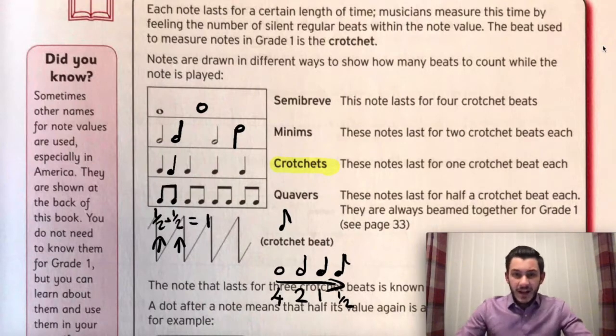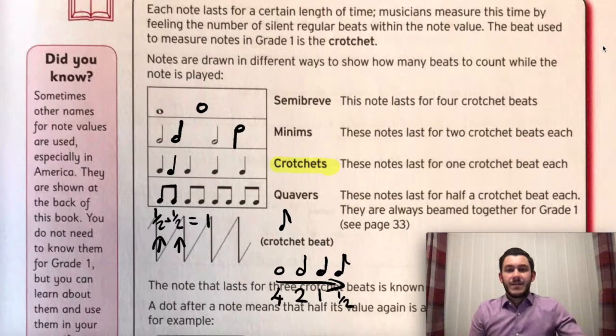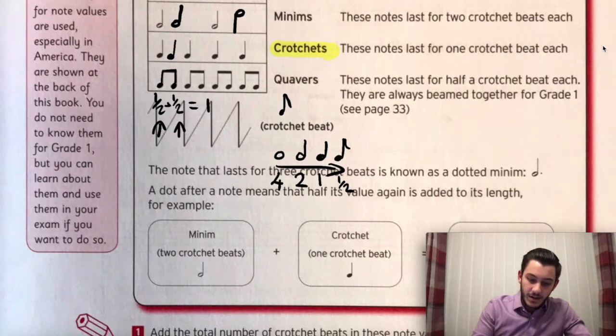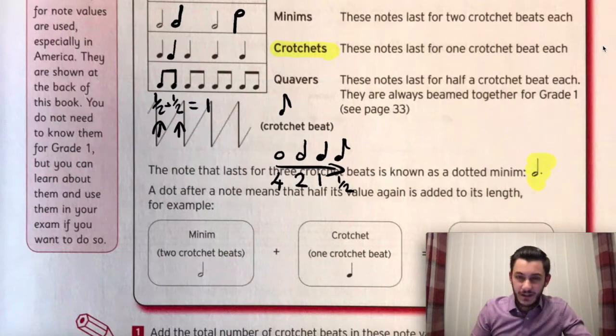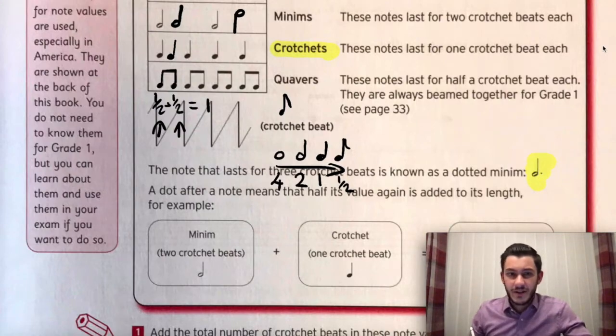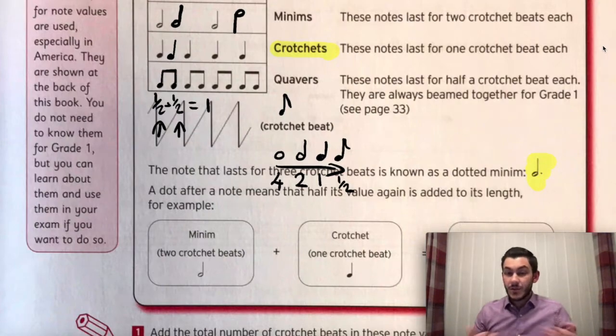Okay. Now we have one other way that we need to talk about our notes for the time being, which is what happens when we add a dot to it here. Okay, so we have an example here of a dotted minim. A minim being a 2 beat note, which is uncoloured note head with a stem, and we've put a dot after it. A dot means that we add half of the note's value to its length.